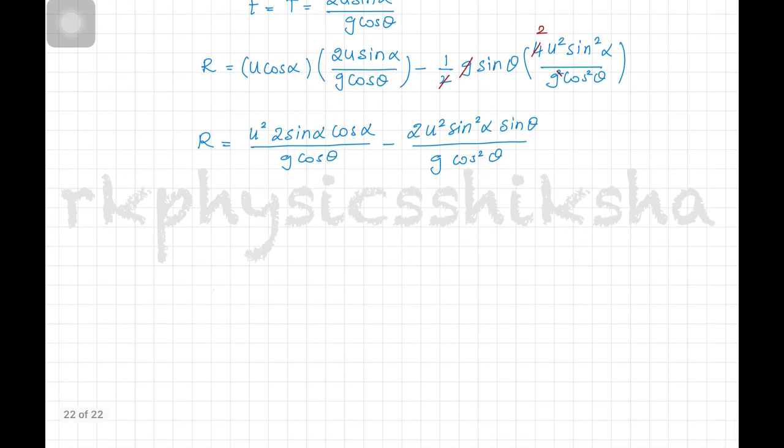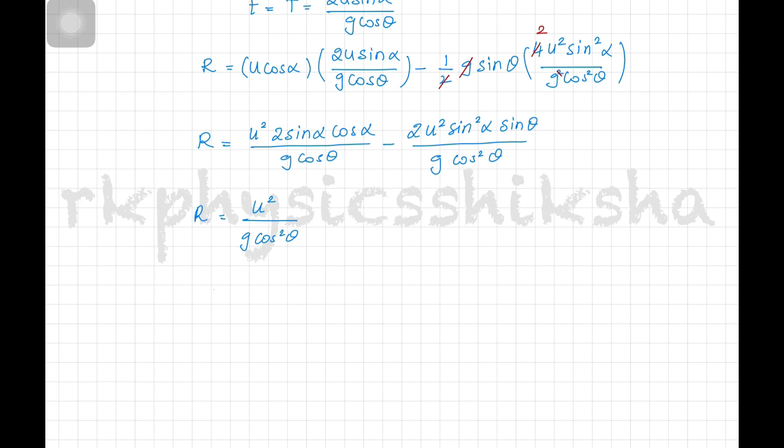which further on taking the value of u square by g cos square theta common. If I take common out, here we have only g cos theta, so for this term you multiply and divide it with cos theta, so it will become cos square theta.